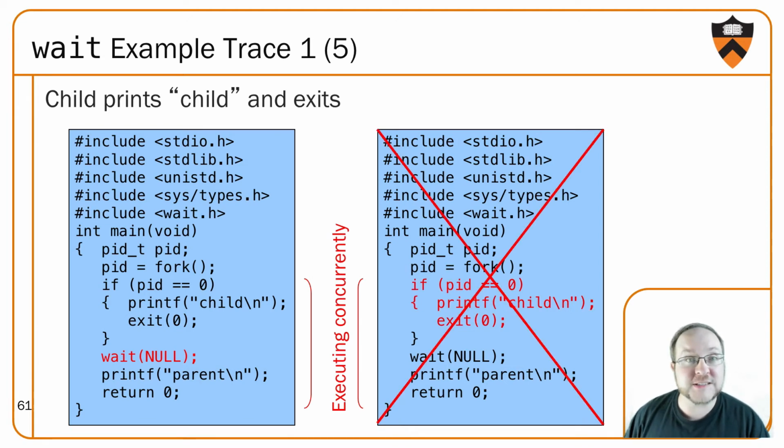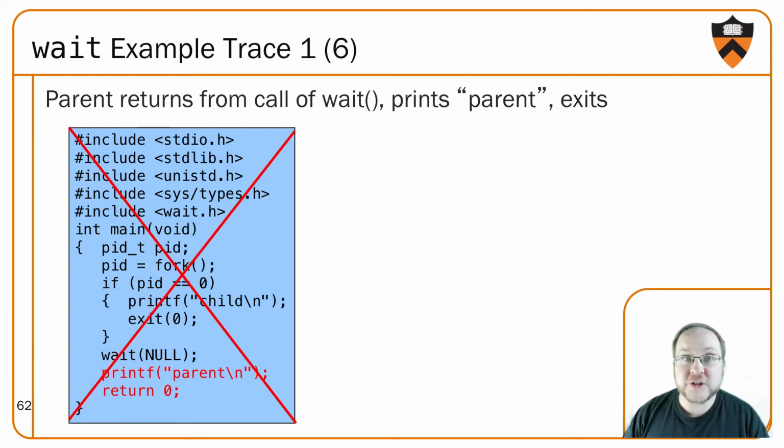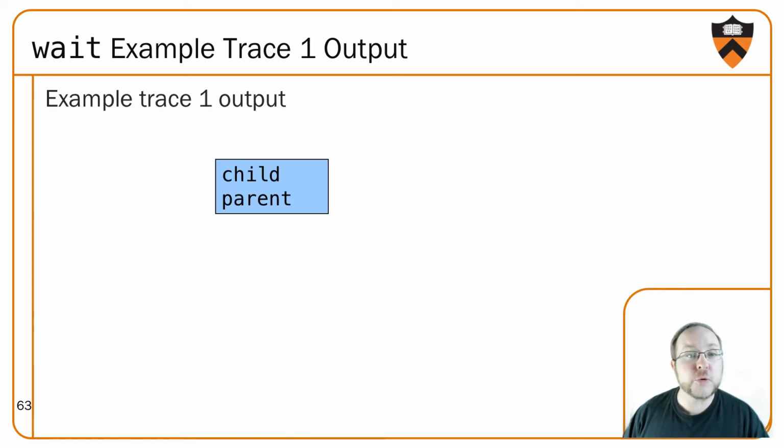It establishes itself as the child, it prints, and it exits. After the child exits, the parent wakes up. That is, the next time that the parent context switches in, the wait says, I'm ready to run now. And so the parent will run and it will print. So with the parent first, we got child, then parent.